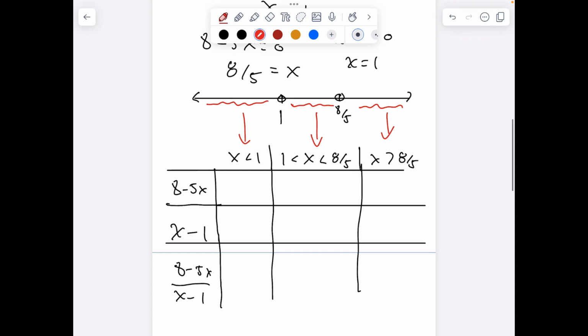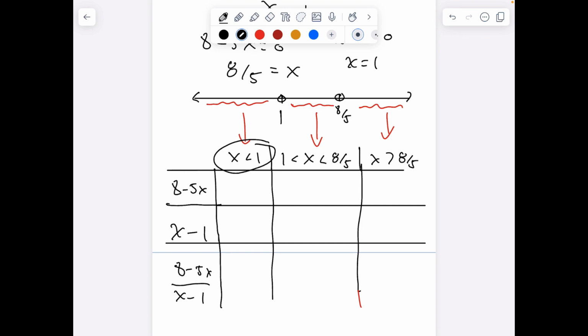I'm going to check the sign of 8 minus 5x, and the sign of x minus 1, and then total 8 minus 5x over x minus 1 in each of these intervals. So the way this is done is you pick something that's less than 1. For example, if you pick 0, I'm going to start with that interval, x is less than 1, and plug that into 8 minus 5x, x minus 1, and then the result.